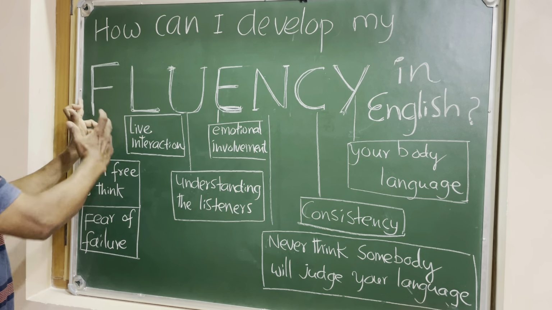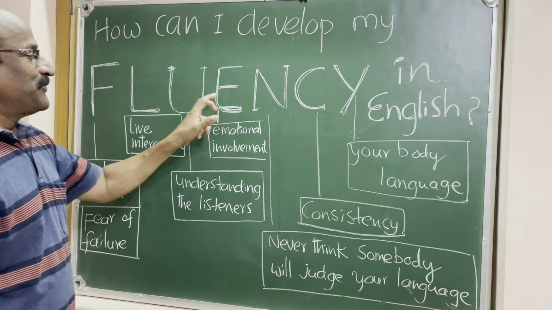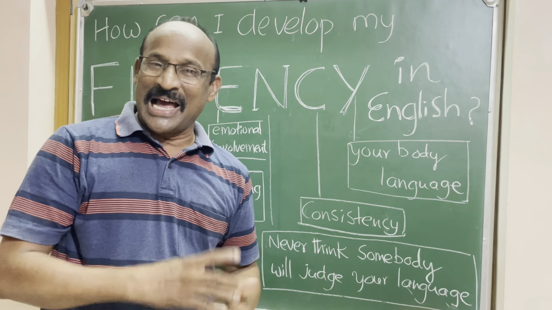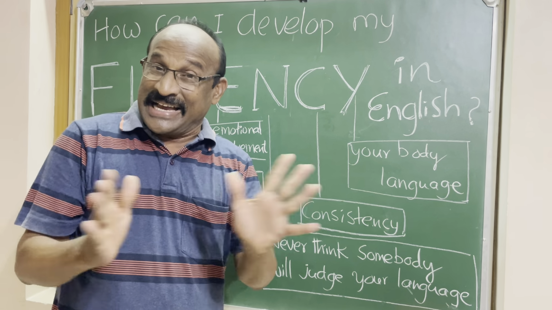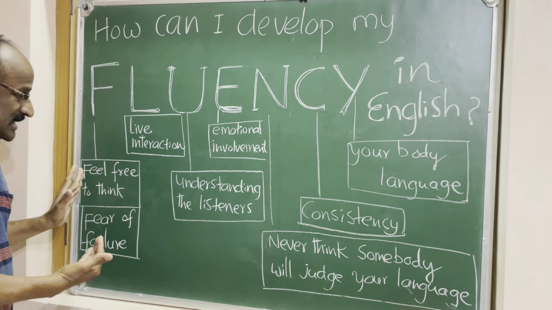I have taken the word fluency. The word consists of 7 letters. With the help of these 7 letters, I have tried to expand and explain the ideas regarding fluency, and I'll explain now how I have taken all the things.